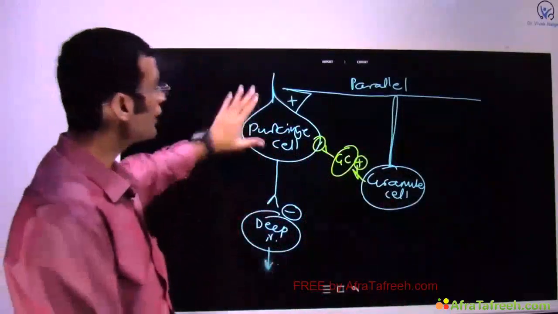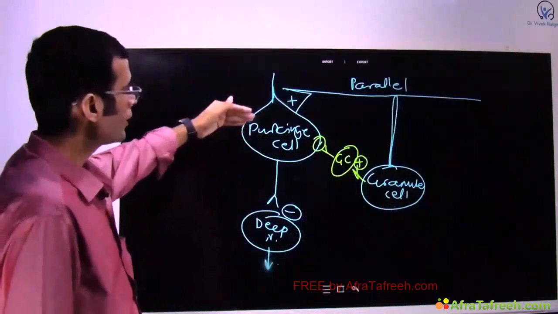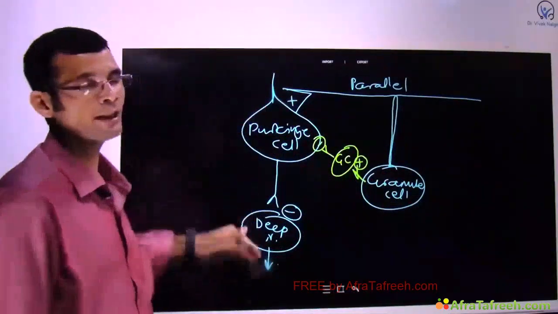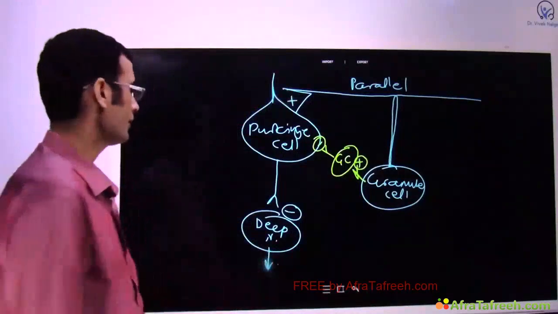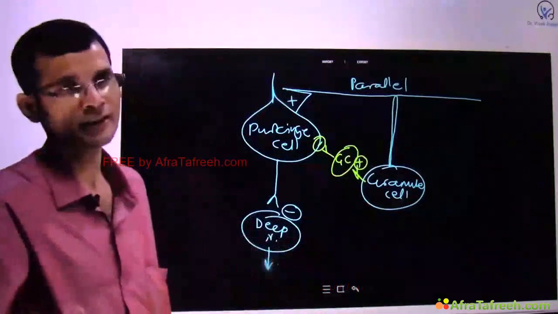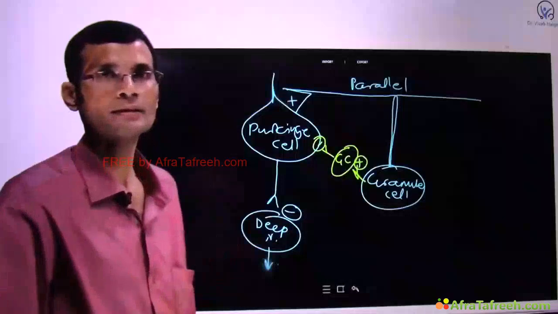What is the effect of inhibiting the Purkinje cell? Its inhibitory influence on the deep nuclear output will be lifted, and then the deep nucleus will send the excitatory output to the muscles concerned.